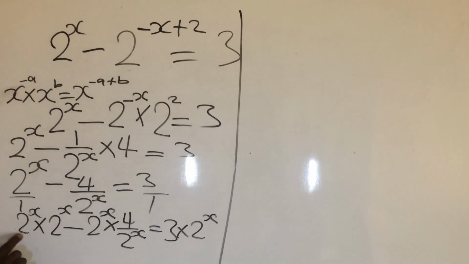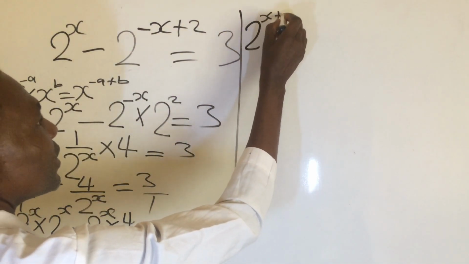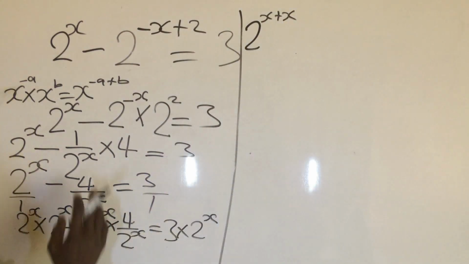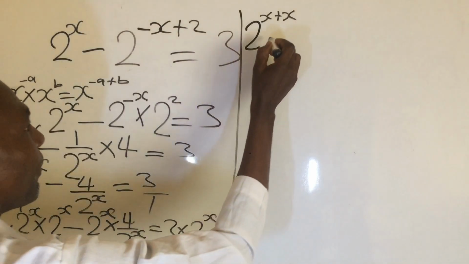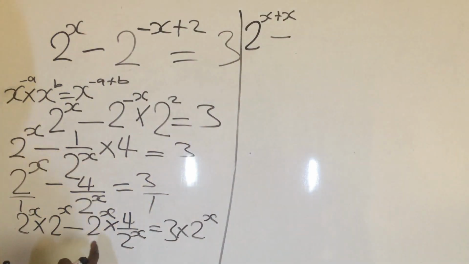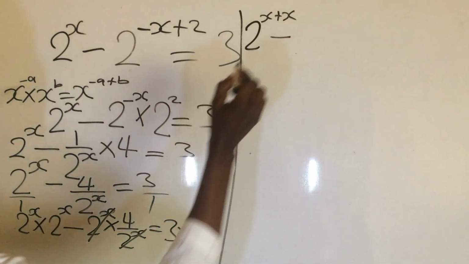In our maths, 2 raised to power x times 2 raised to power x gives us 2 raised to power x plus x. Then minus, this 2 raised to power x here we kill, remaining only 4.